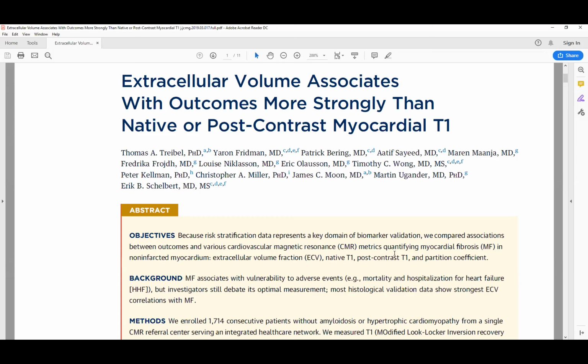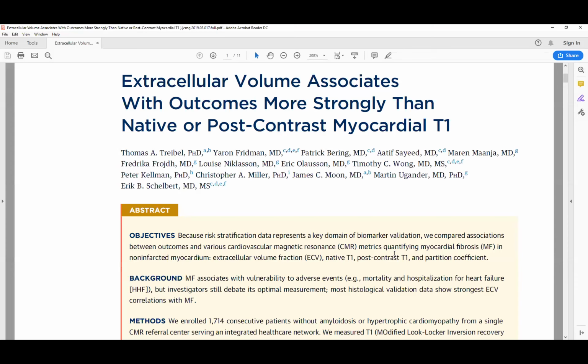And there have been a number of human histologic validation studies. And I think if one looks at the aggregate data, the histologic validation shows the best agreement between human collagen volume fraction and the cardiac MR extracellular volume fraction. So that's, when you're validating a new biomarker, histologic validation is certainly an important domain.